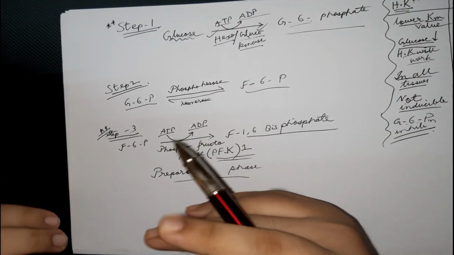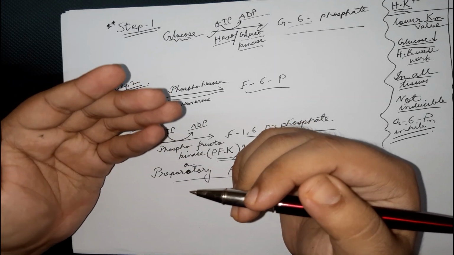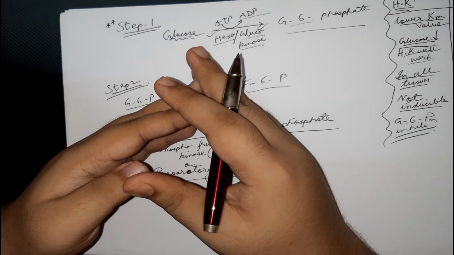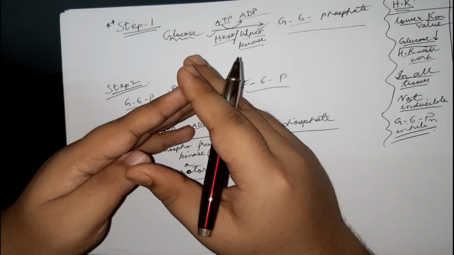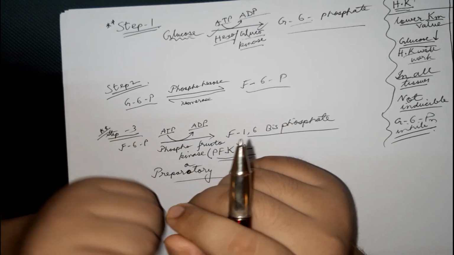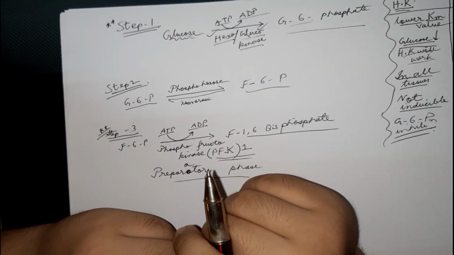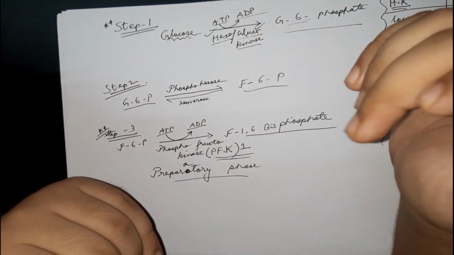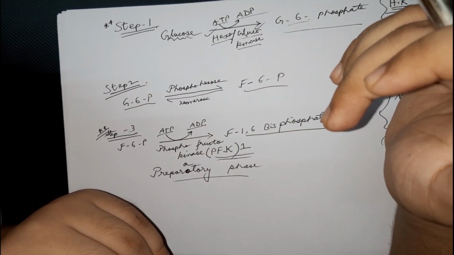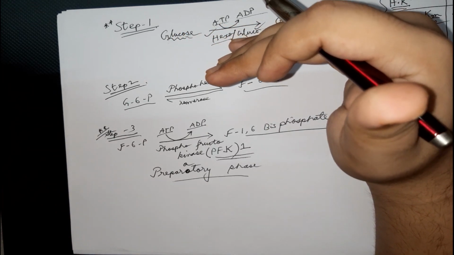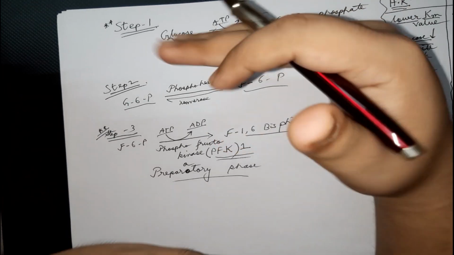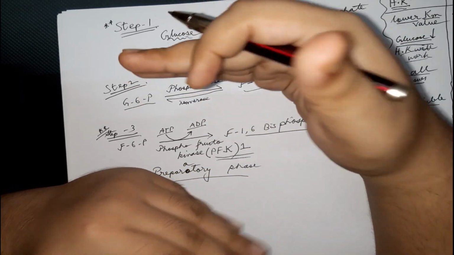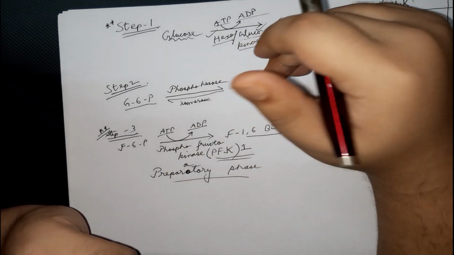So we are preparing for the next steps to come, so that in the next steps we can build ATP rather than break ATP. So these three steps together are the energy consuming part of glycolysis, as if we are preparing for the synthesis of ATP phase, which will come in the subsequent steps.